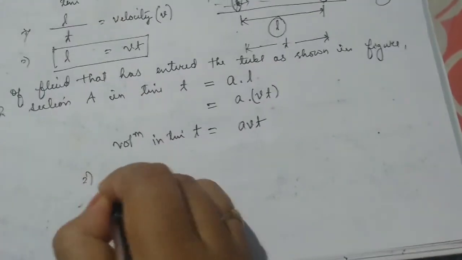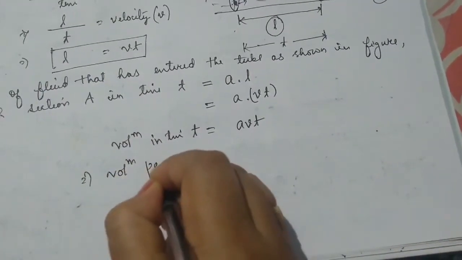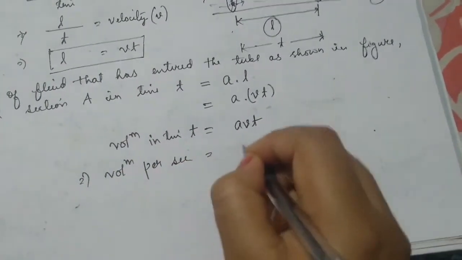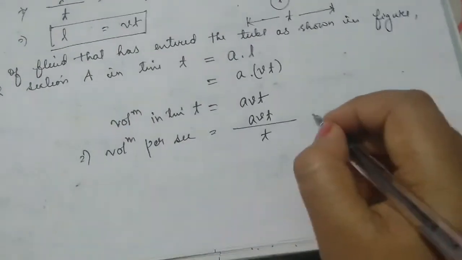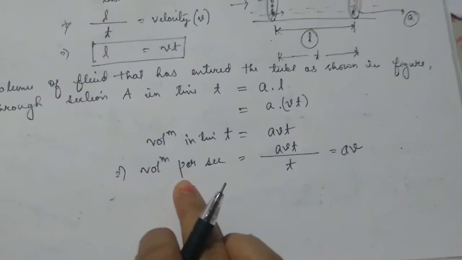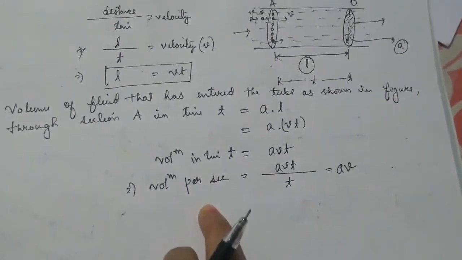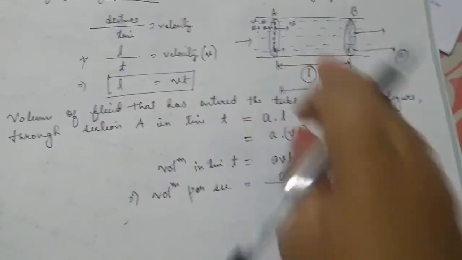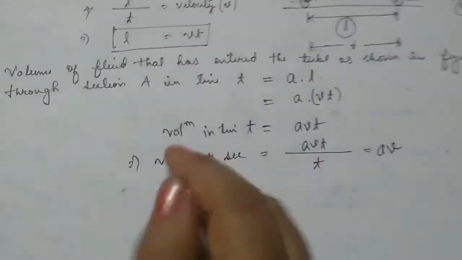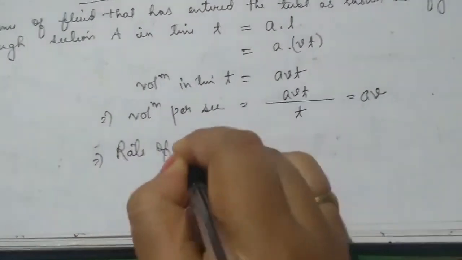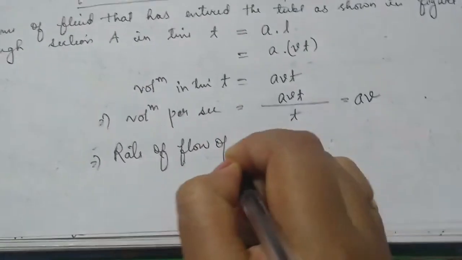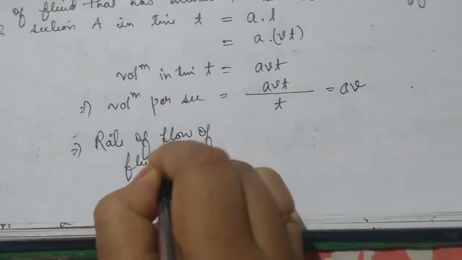So if I ask you what is the volume per second, that will be what? A v t by t. So that is nothing but equal to A into v. So this is the volume of water or liquid or fluid entering this particular tube per second. So this particular thing is called the rate of flow of fluid.